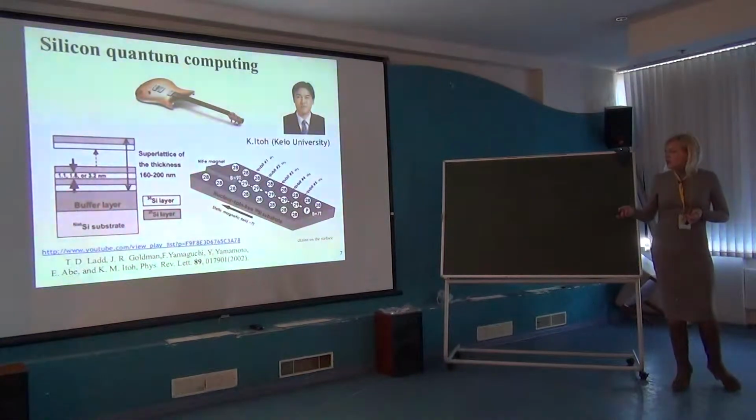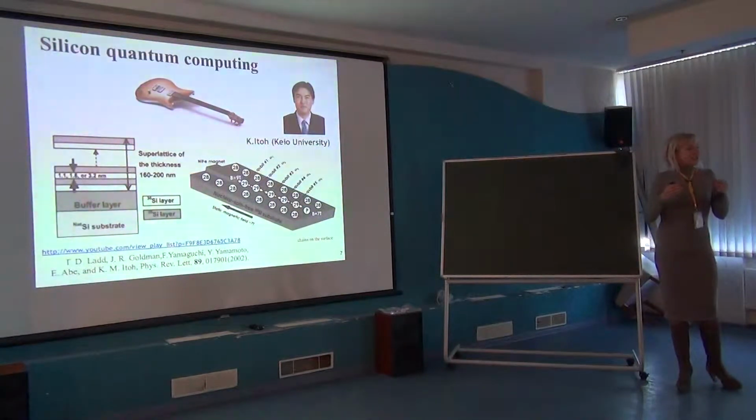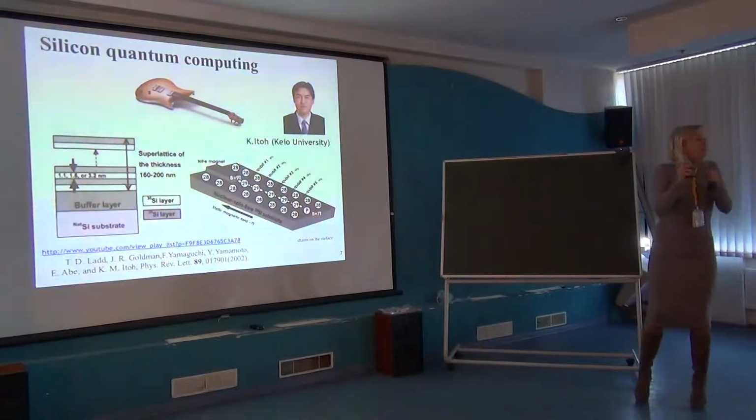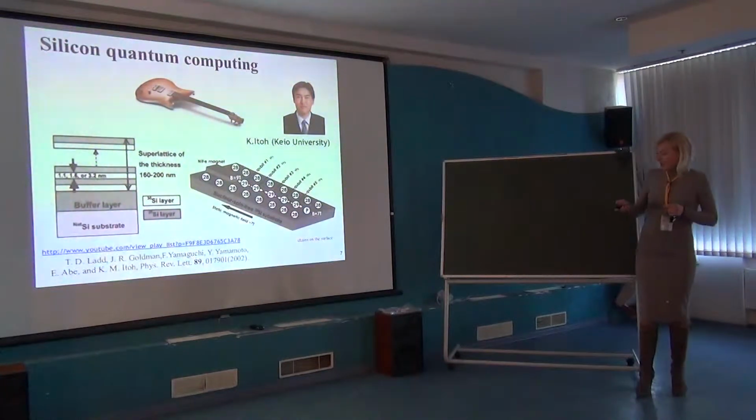They used a gradient of magnetic field from 7 to 9 Tesla, and each atom of silicon-29 will precess at a different frequency. It's like a guitar. You have 7 strings, and with different frequencies, you can manipulate each atom, each spin, independently.